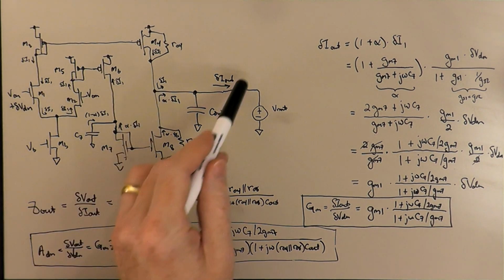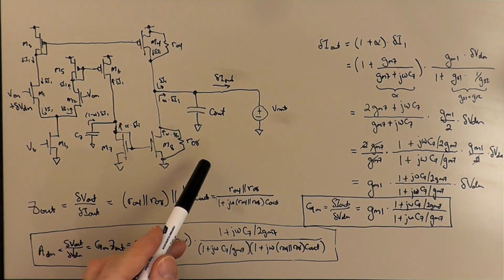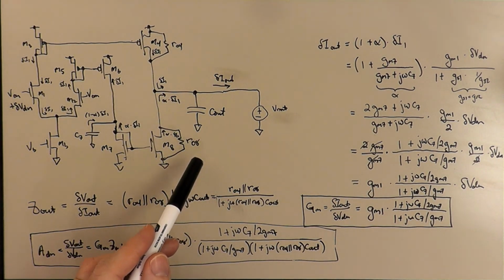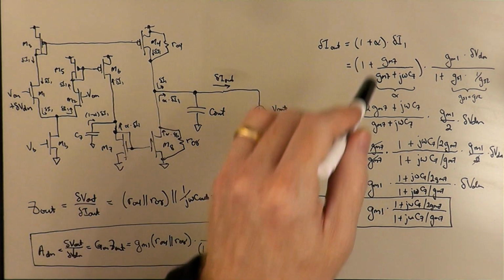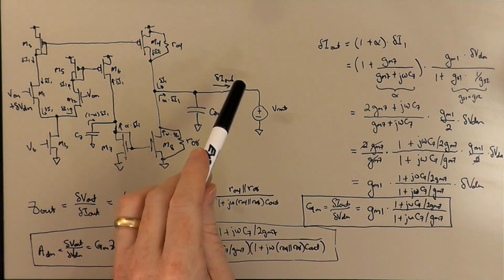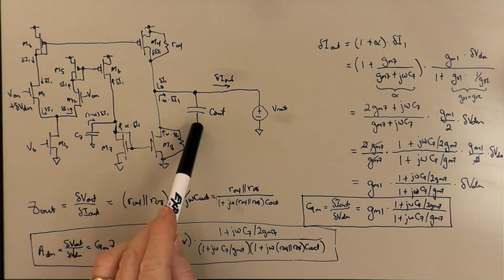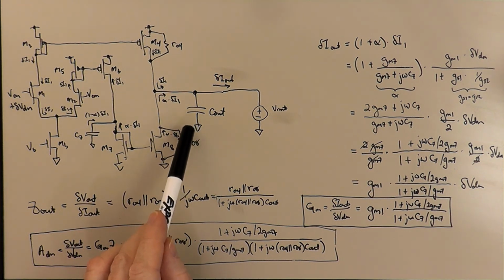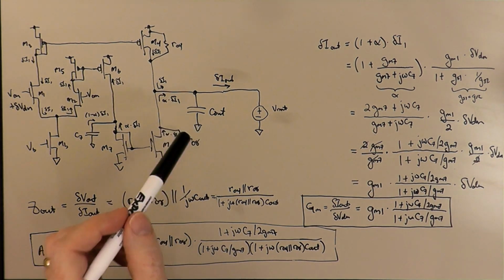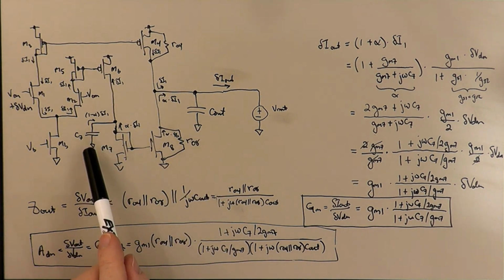This may fan out to some larger area of interconnect because it's the output of the circuit, and it may go all over the chip or something like that, or it may go off chip. It may actually be driving an explicit output capacitance, or the capacitance of a pad, a bonding pad, or something off chip. And so Cout is likely to be a much larger capacitance than C7.